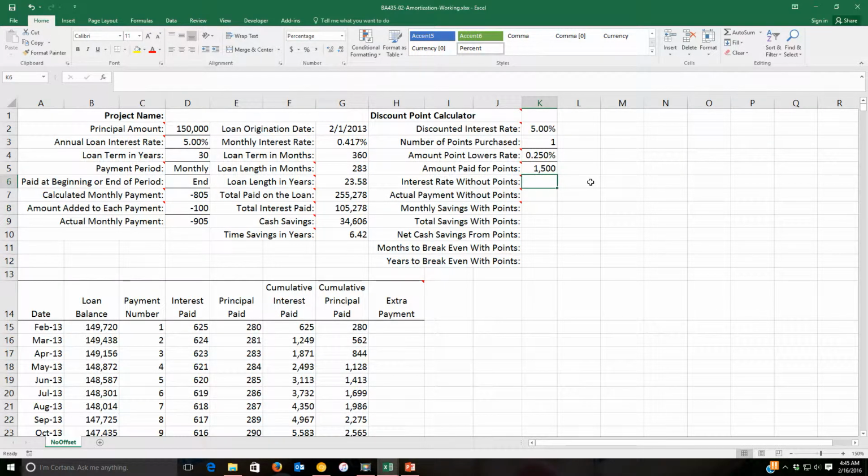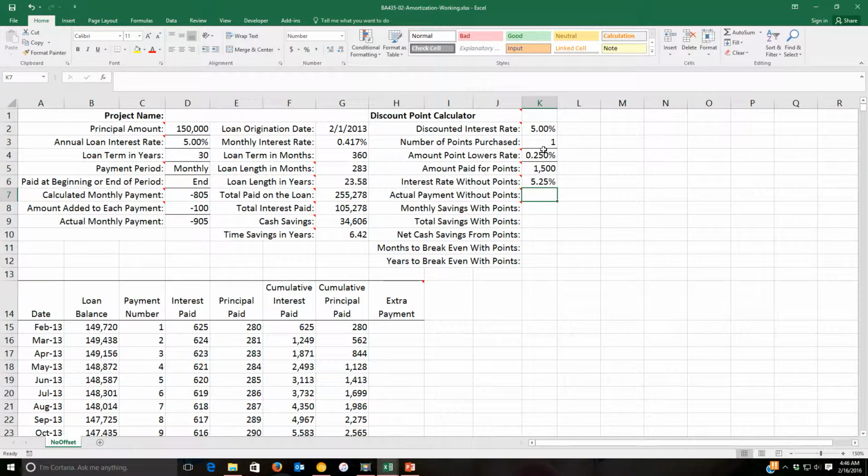So we'll take our value here and add to that the number of points we're purchasing times the amount that it lowers the rate. We'll assume that this was the rate we started with, and by purchasing the points, we lowered it to the new discounted interest rate. All right, so that means it would have been 5.25, and you can see that here.